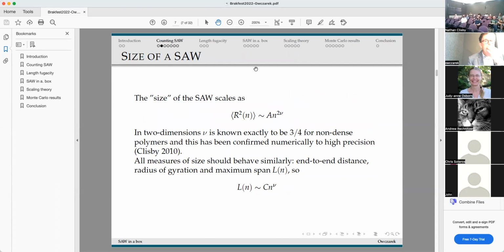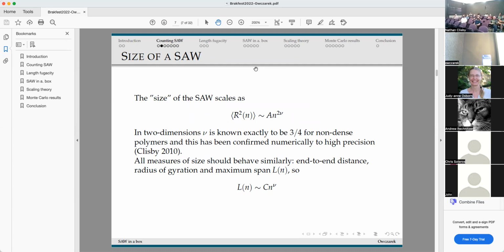We also think we know how the size of a typical self-avoiding walk on the square lattice, in fact on any two-dimensional lattice, will scale, with an exponent nu which is 3/4, predicted at high precision by Nienhuis, in fact shown to be very likely to be 3/4. Now, there are different ways of describing what that size of a self-avoiding walk is. Often people measure the end-to-end distance of a self-avoiding walk.